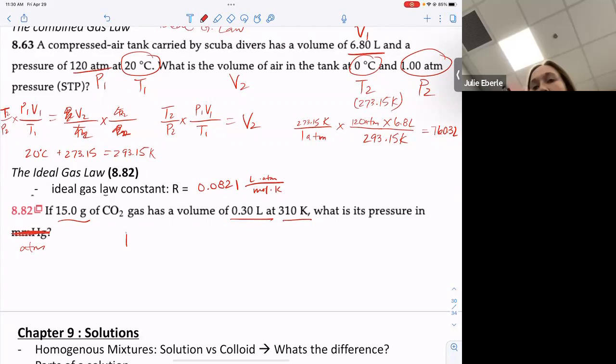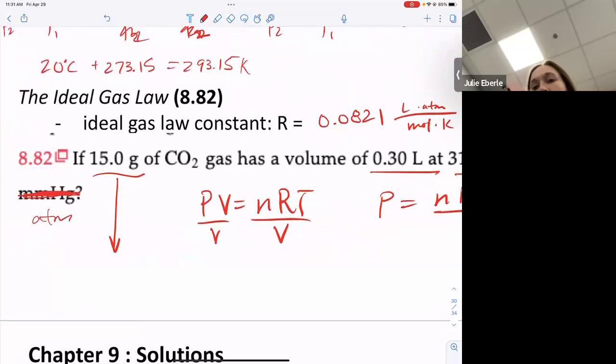So PV equals nRT. You'll go find that equation. We're trying to solve for pressure, so you want to cross divide both sides by V, so you get P equals nRT over V. The first thing we need to do is convert grams of CO2 to moles. For 15 grams of CO2, we need the molar mass.